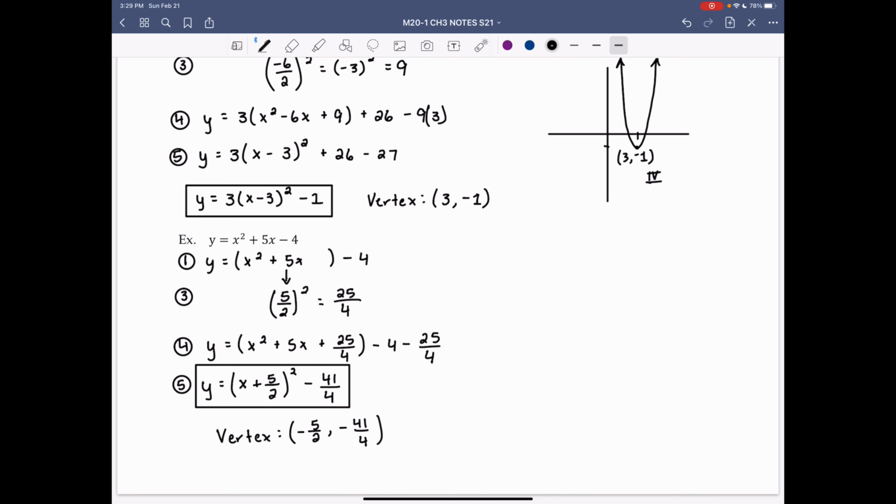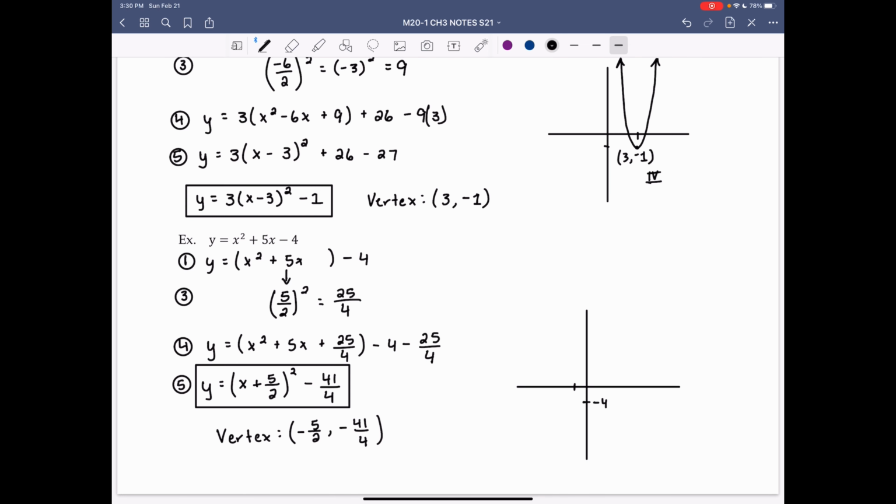And we can do a quick sketch. Again, our a value is positive 1, so it's opening up. This time our y-intercept is at negative 4. So negative 4 for the y-intercept. The vertex is at x equals negative 5 over 2, which is negative 2.5. Let's say that's about here.